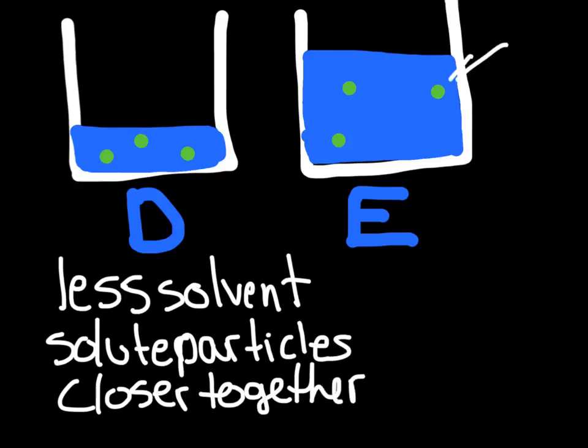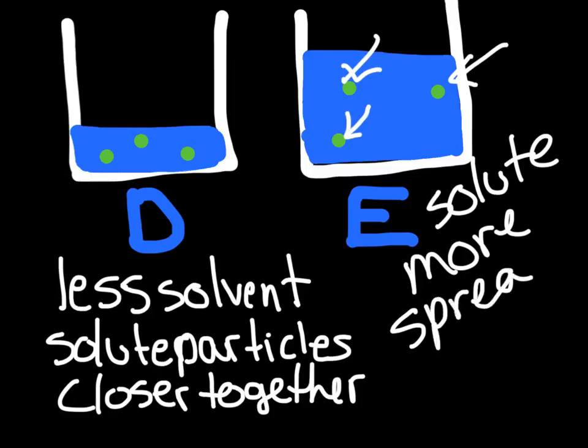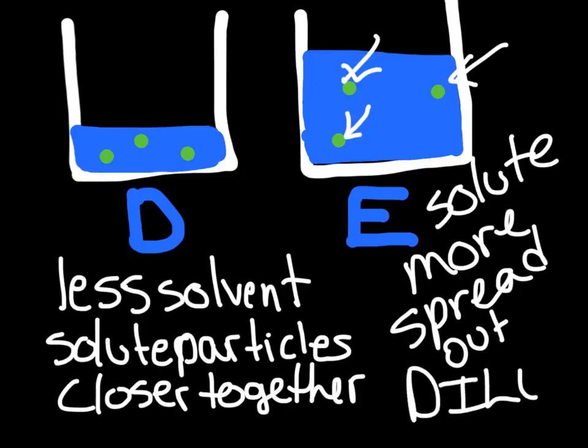Whereas we can see in beaker E, the solute is more spread out. So we use the word dilute to describe beaker E.